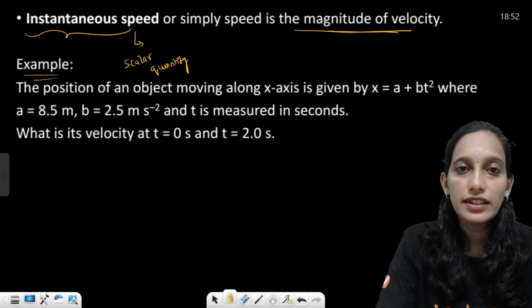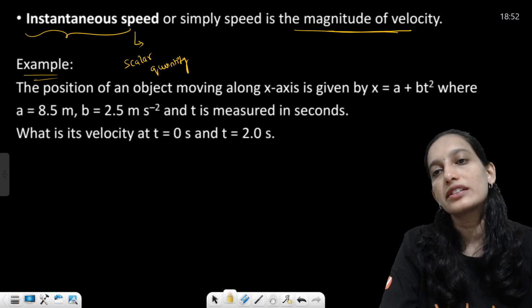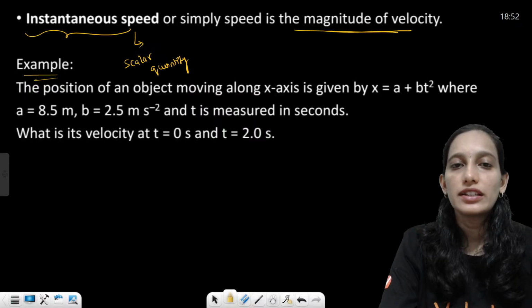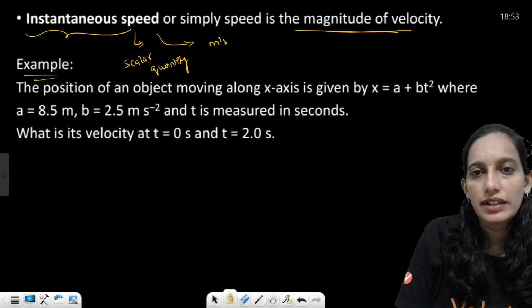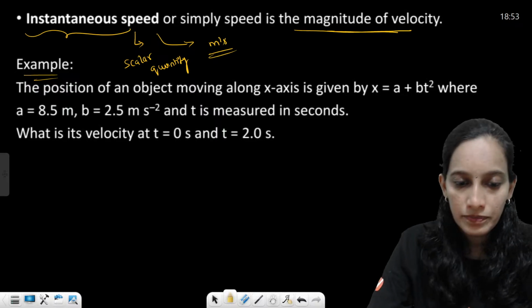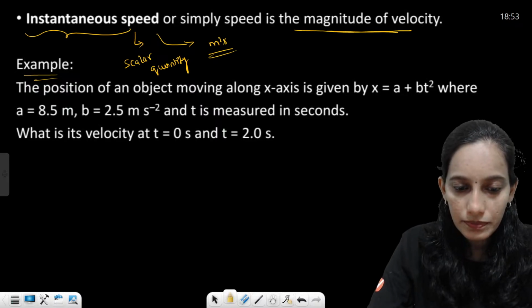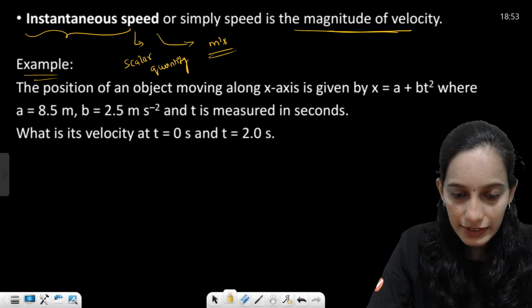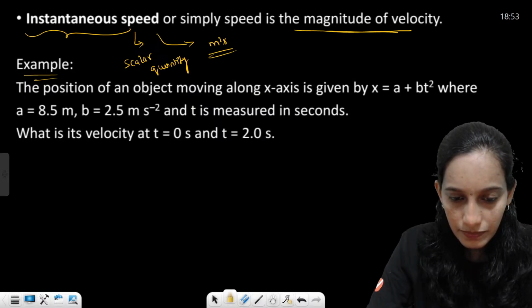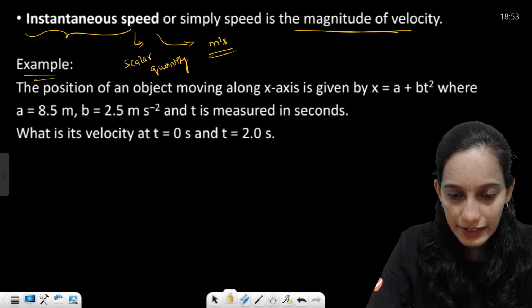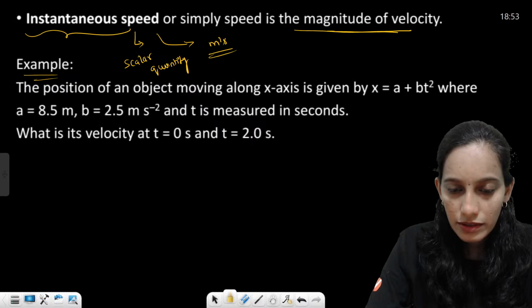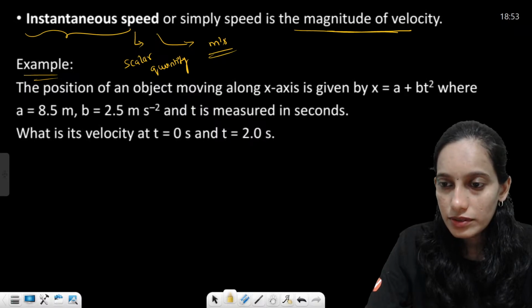Similarly, for instantaneous speed, just consider the magnitude of the instantaneous velocity. The unit of speed is meter per second, the unit does not change. Hope it is clear. Any doubts? Please ask in the chat box.